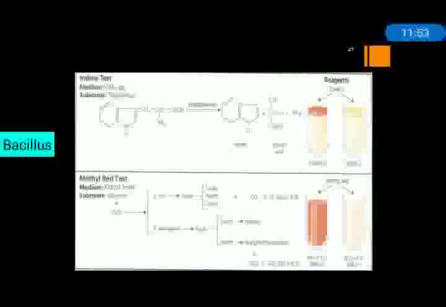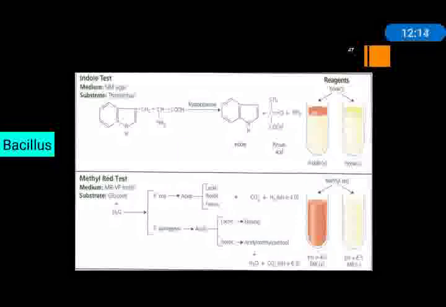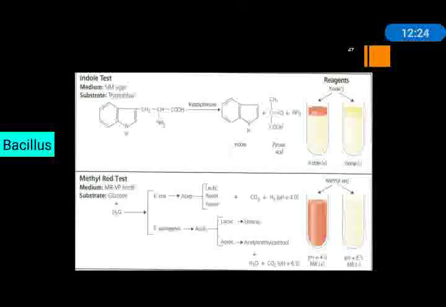Methyl red: the medium is MRVP broth and the substrate is glucose, glucose plus H2O. E. coli produces acids, lactic acid, acetic acid and formic acid. These three acids are formed by E. coli, along with the gas CO2, and the pH is low, around 4. Enterobacter forms two acids, lactic acid and acetic acid.